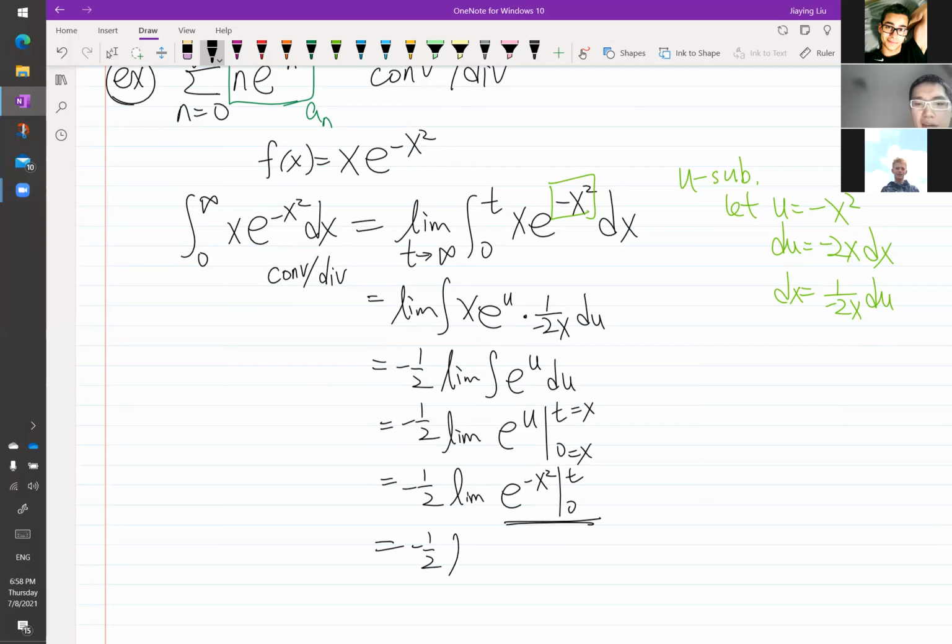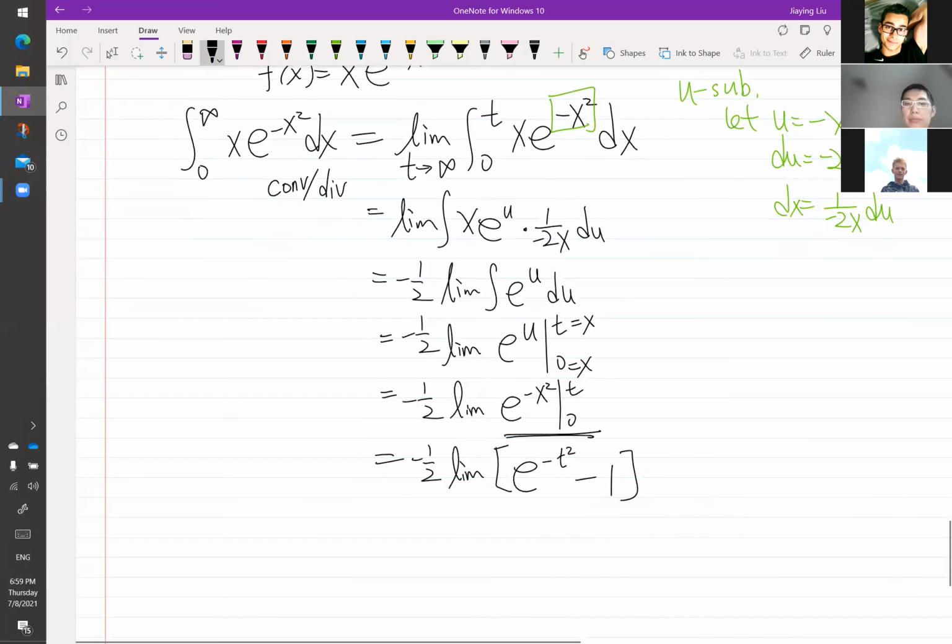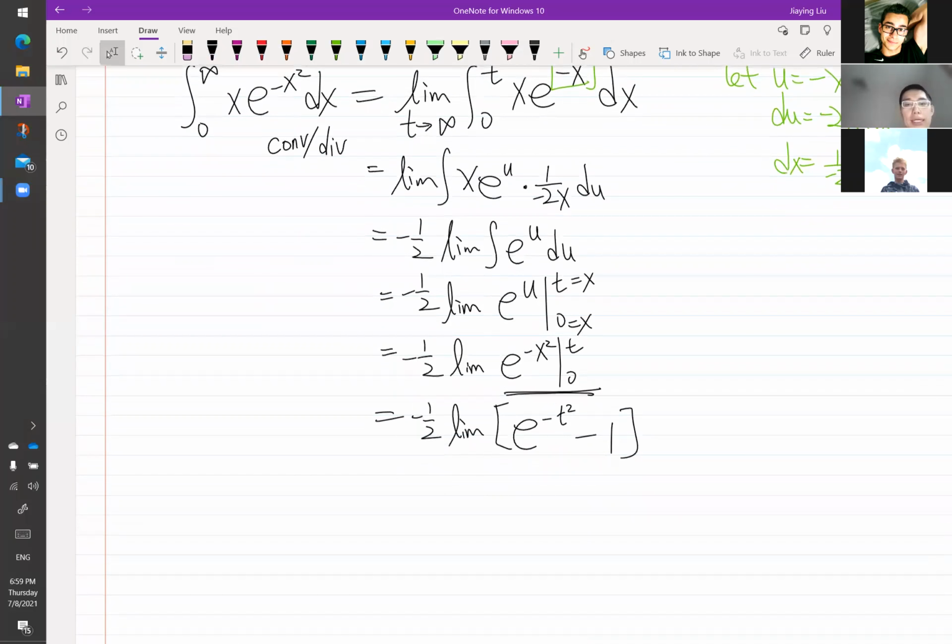So that's negative 1/2 times the limit of, plug in t, e to the negative t squared, and then minus e to the negative 0 squared, so e to the 0, which is 1.